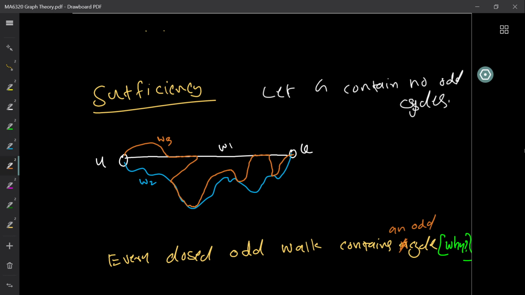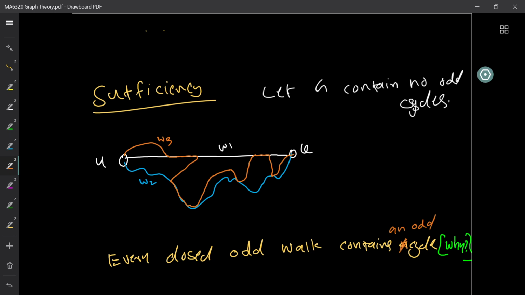So every closed odd walk contains an odd cycle. Why is this true? This is something that you can think about and try to show. There are several ways of proving this, but one easy way is to use induction. Assuming that we have proved this, I will keep it as an exercise for you.